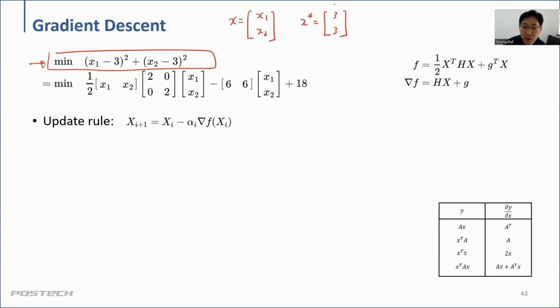Okay, let's see whether we can do it in an iterative way, whether the gradient descent method is going to give us the same optimal solution. Keep this one in your mind. Let me see here.